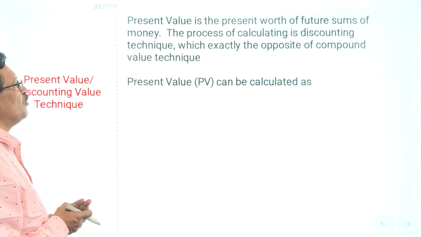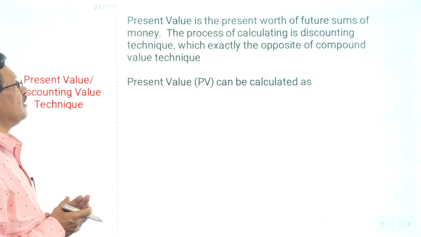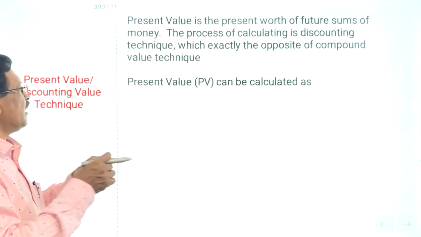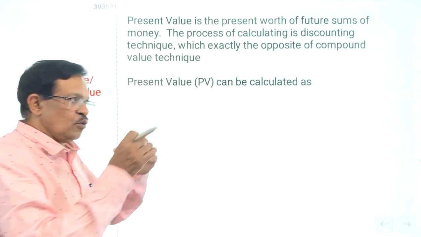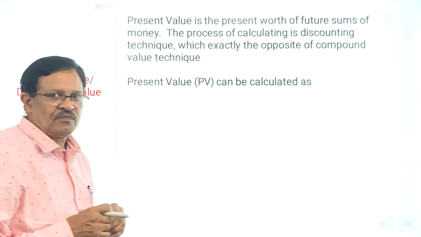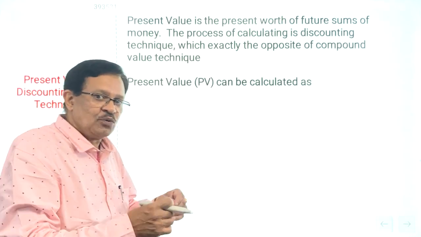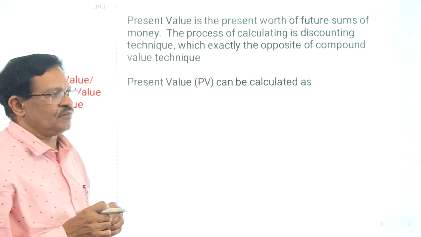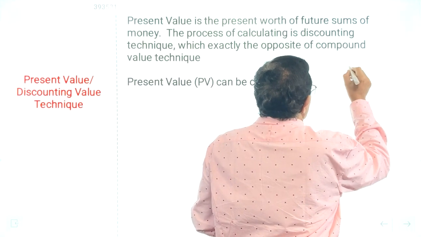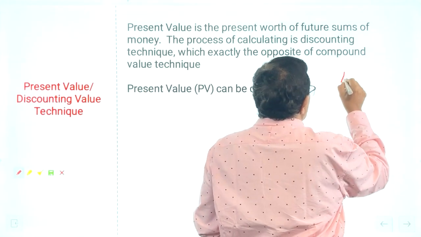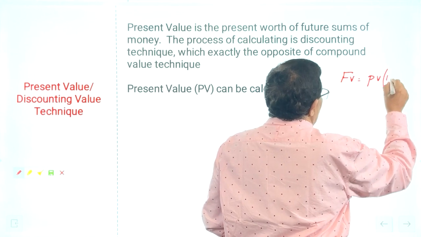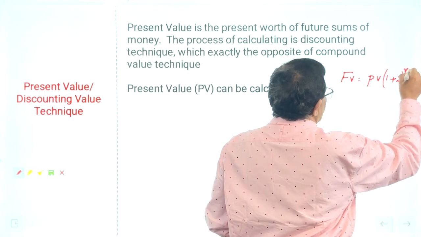Having understood the future value, and as I already said, because this concept is exactly opposite to the compounding technique, if you know how to calculate the future value given the present value, we can find out the present value given the future value. We know that the future value is equivalent to present value multiplied by (1 plus i) whole to the power of n.